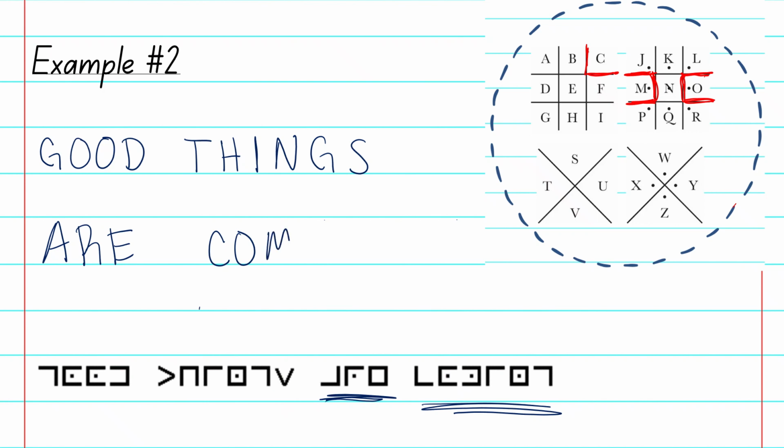So now we have the first letter I. And we have the square with the dot, should be letter N. And the last one here should be the letter G. And we have decoded our message, which says good things are coming. And well, I hope so for you and I.